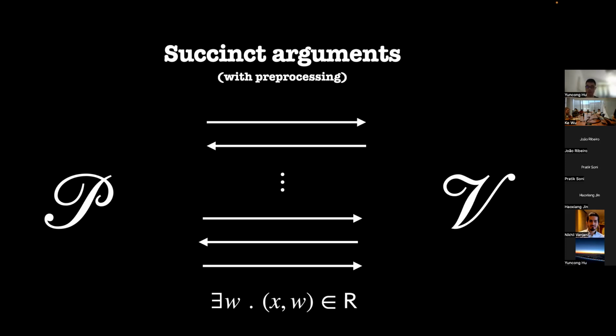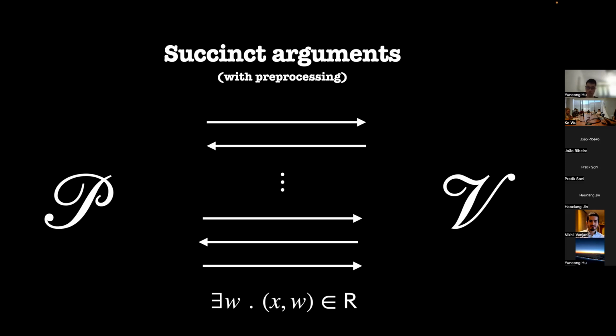If there's no pre-processing step, then the verifier at least needs to read the whole statement, or the whole circuit, into memory, so the verification cost is at least linear in the size of the statement. But with pre-processing, the verifier takes the public parameter as input instead of the statement itself, so the verification can be very fast, like logarithmic or constant time.